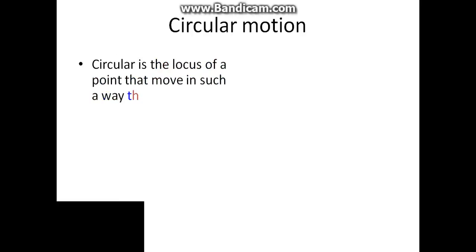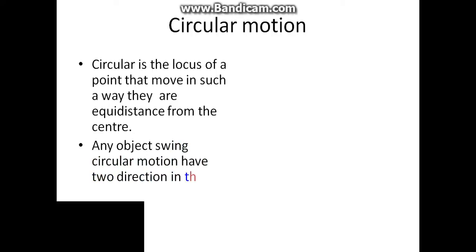Circular motion. Circular motion is the locus of a point that moves in such a way that it is equidistant from the center. Any object in circular motion has two directions in the center.